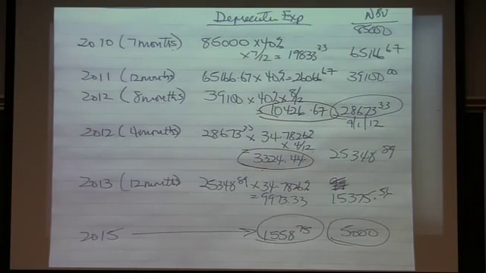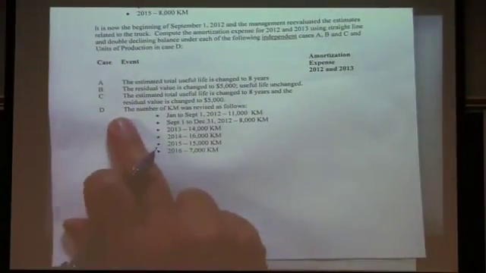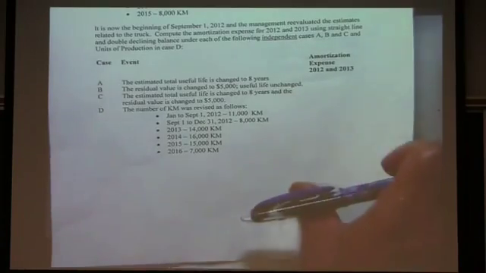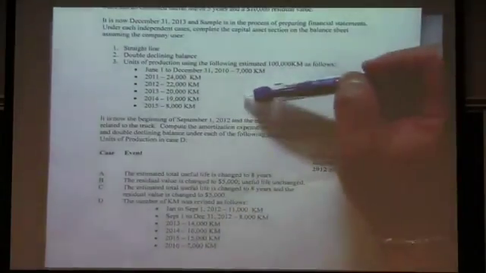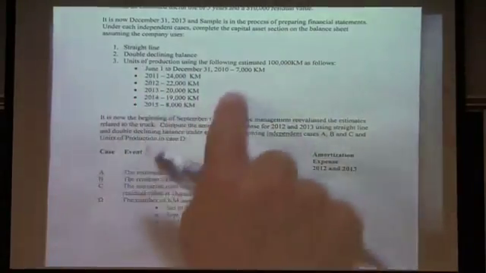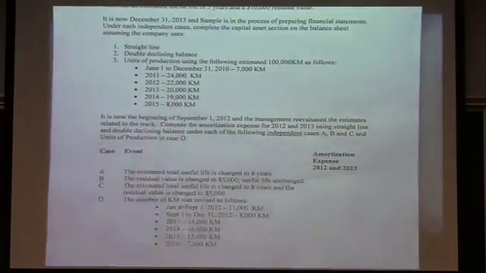Now, we're going to take a look at a different scenario in case D. In case D, it basically says, let's assume that we do have a change, but in this case, we're going to focus on the units of production. Because if you remember, back in the original question, we had units of production of 100,000 made up of the following estimate.